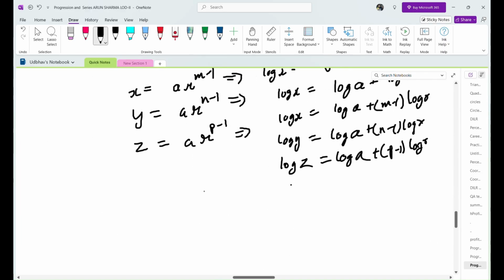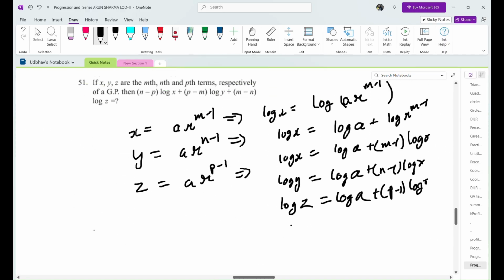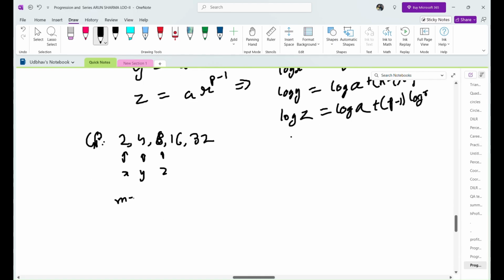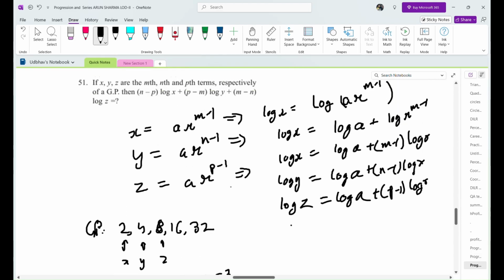Or we can just assume a GP, maybe let's say GP is 2, 4, 8, 16, 32. Let this be x, y, and z. So m equals to 1, n equals to 2, p equals to 3.